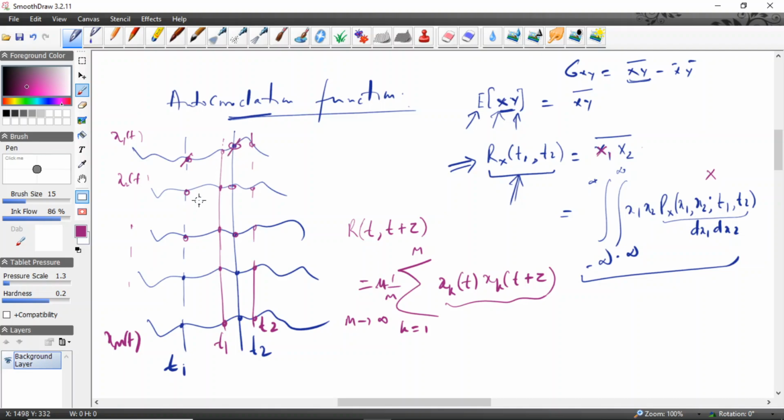These samples are multiplied, and finally you add them together and divide by m. That gives you the average value. This is how exactly you find the autocorrelation of the random process when the joint PDF information is not available.